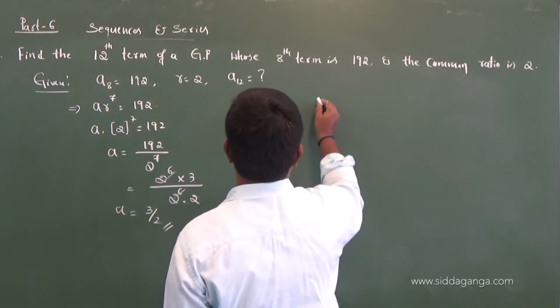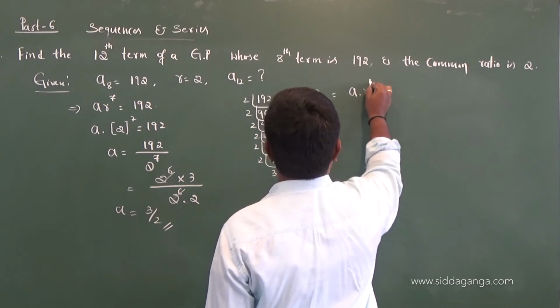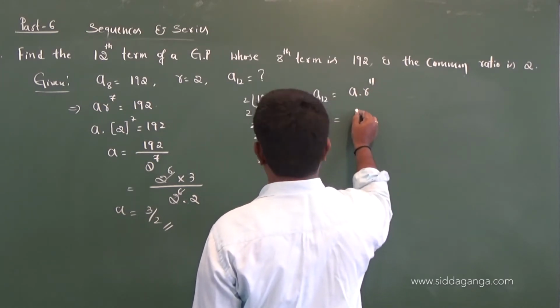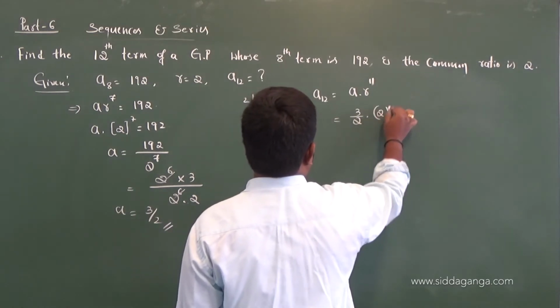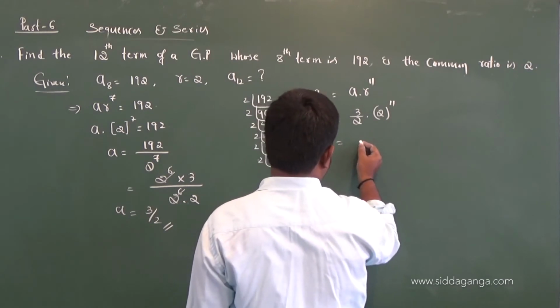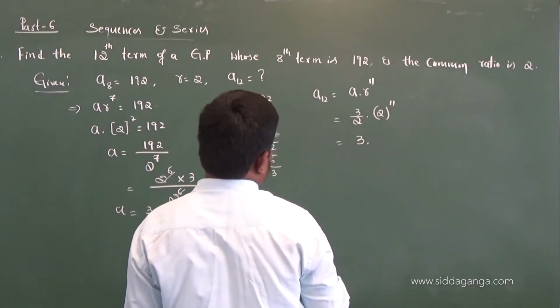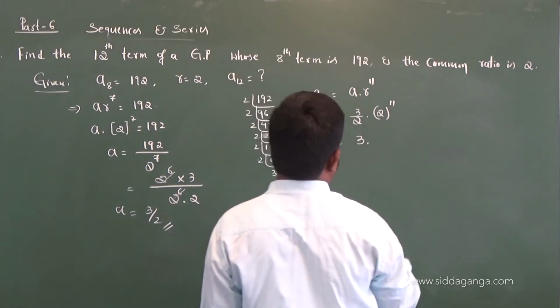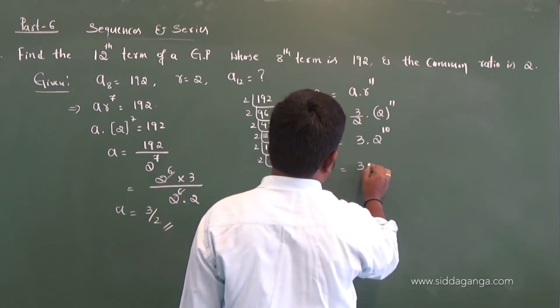So A12 is equal to A into R power of 11. A is 3 by 2 into R is 2 power of 11. Or you can write this as 3 into 2 power of 10. So 2 power of 10 is 1024, right?